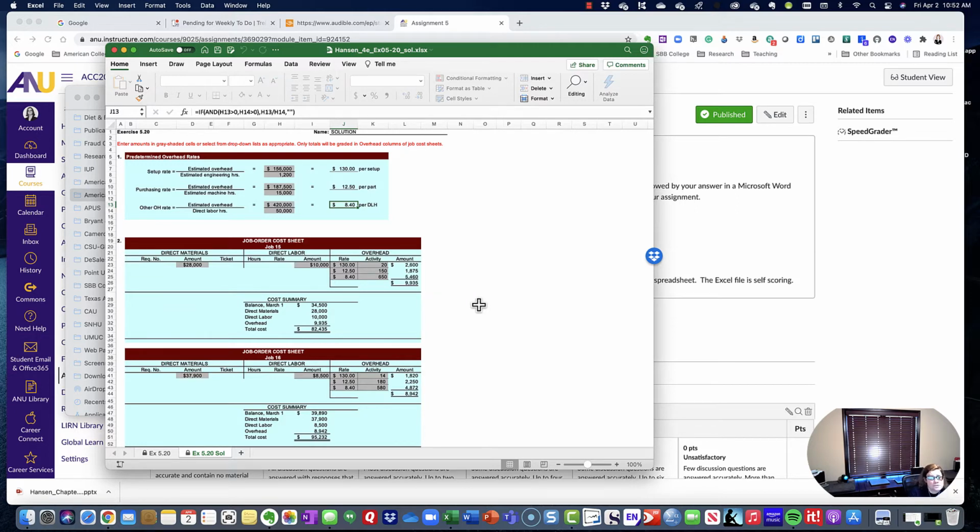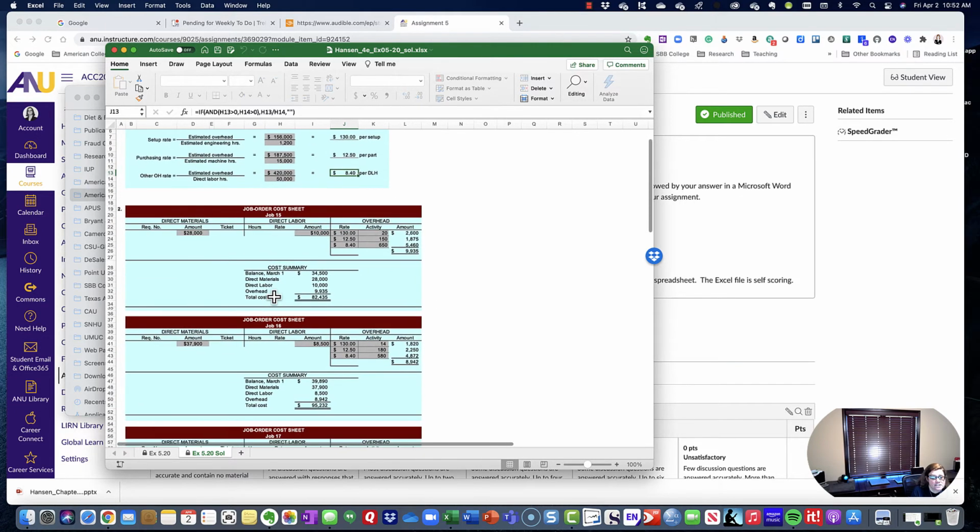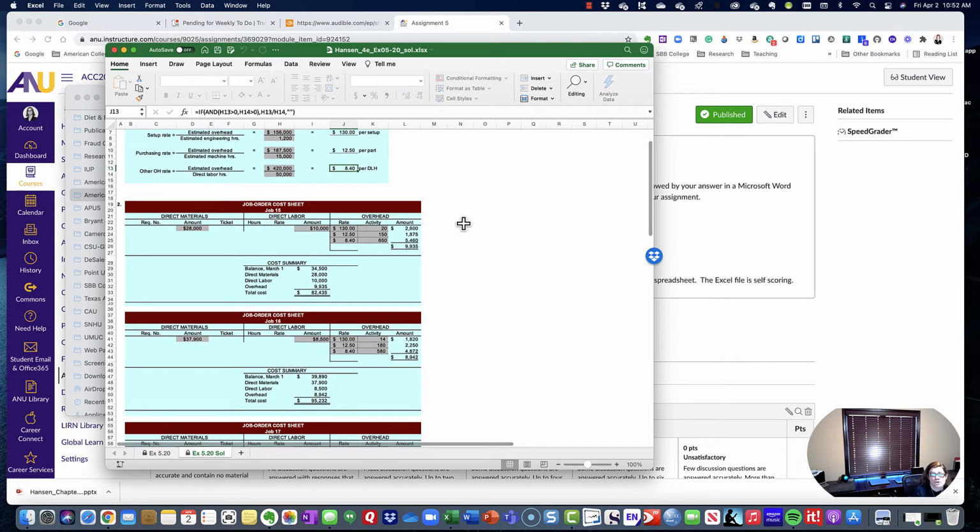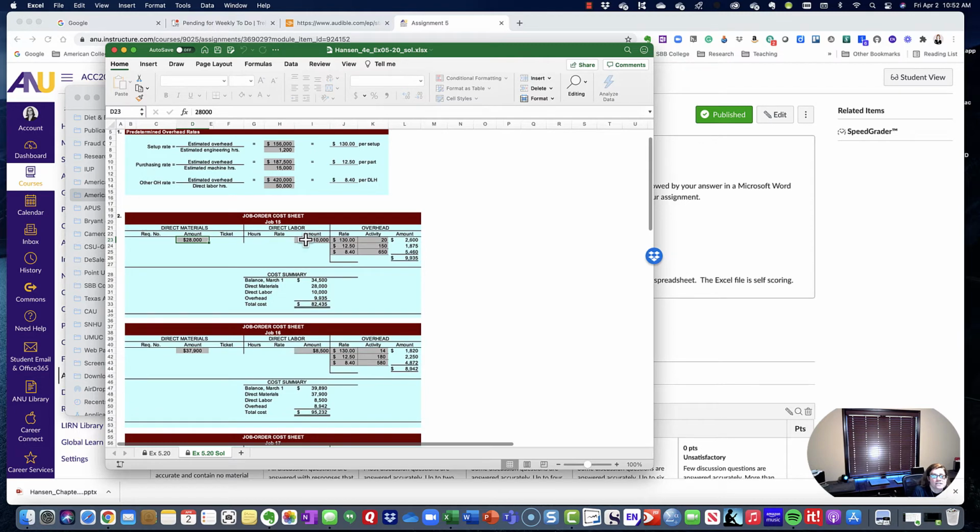Then we enter this information in part 2 into our job order cost sheets. Here you'll see $28,000 of direct material and $10,000 of direct labor, and then we take the rate for each overhead, the 130, the 1,250, and the 840, and multiply it by the actual activity. So you'll enter $130 at 20 hours per setup, and you'll get 2,600.